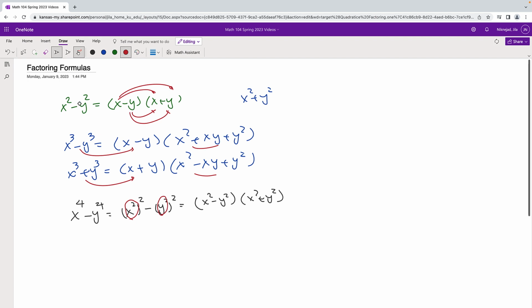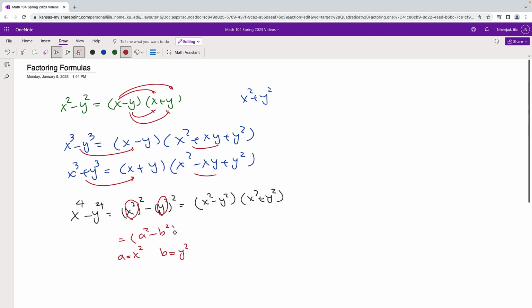Or you can change the name of this formula so you can actually say different things in here. So you can write this as, let's say a is substitution for x squared and b is substitution for y squared.